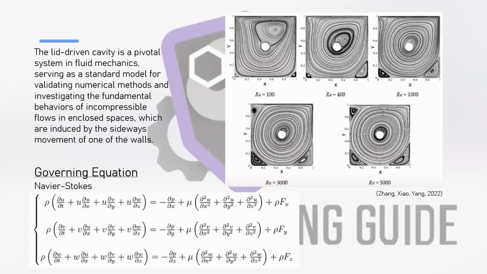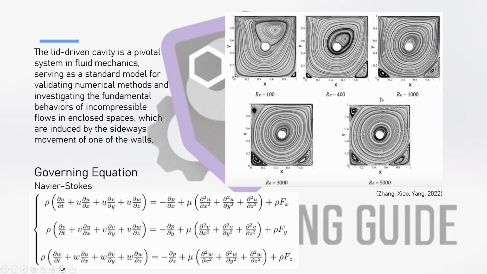And going back to the first slide to see if the results that we're going to get are correct, we should see, based on this figure right here, that we are going to have the formation of a vortex in the center here with the formation of two secondary vortices, one bigger one in the bottom right corner and a smaller one in the bottom left corner.